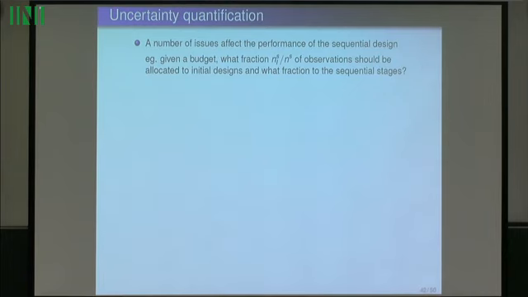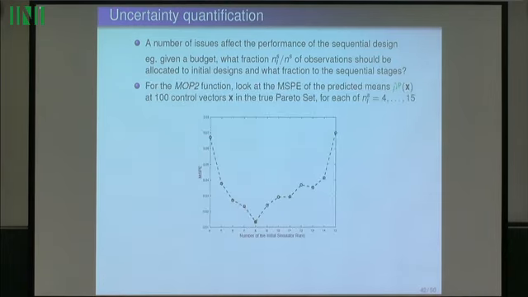So we looked at this for this example, and these are the mean square prediction errors for 100 points along in the Pareto set.